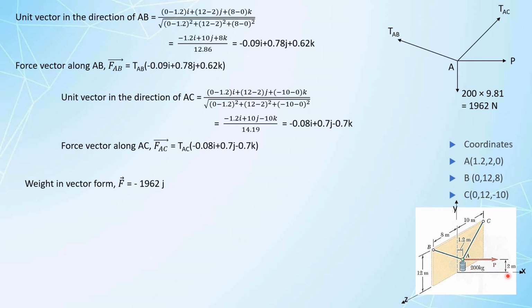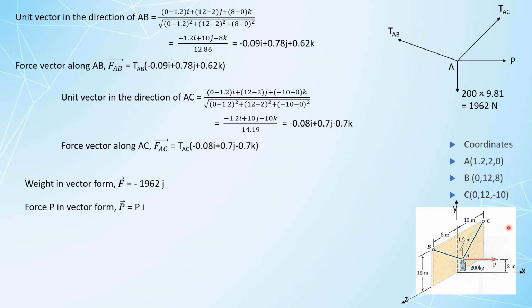Now we have one more force, that is P. The magnitude is taken as P itself, but in which direction is it acting? It is acting in the direction of X, so it has to be taken as the I component.